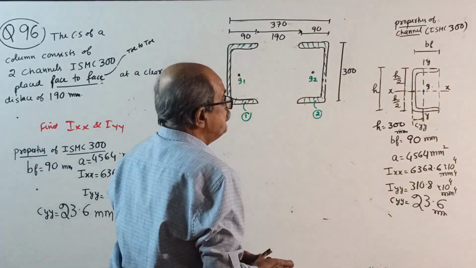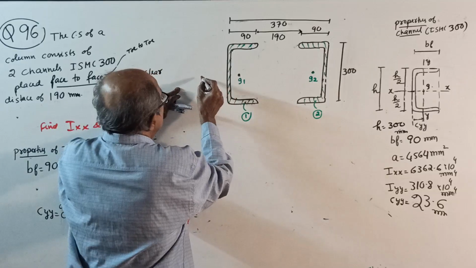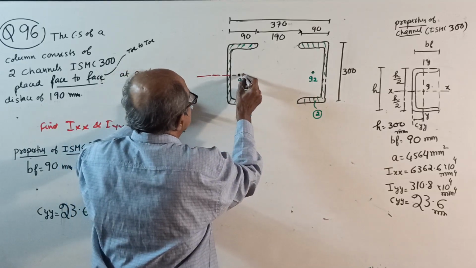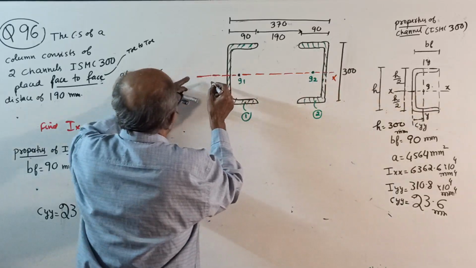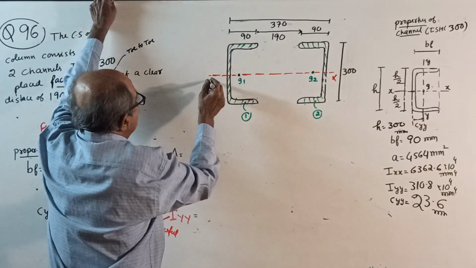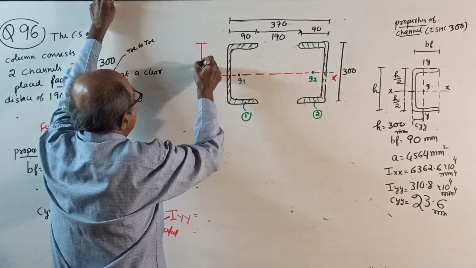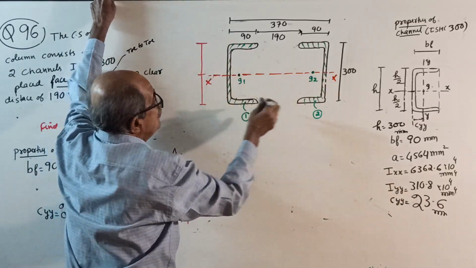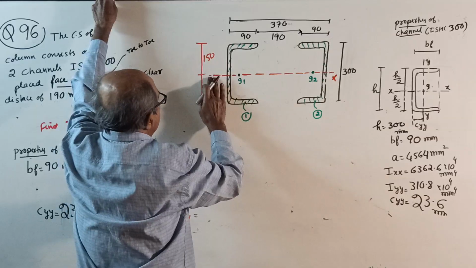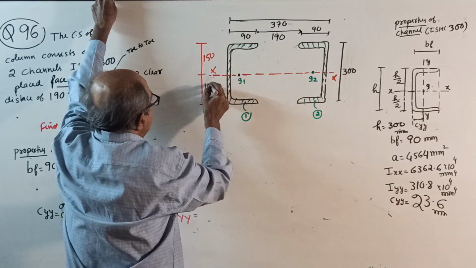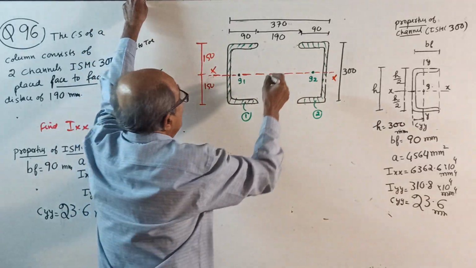Now, it is perfectly symmetrical, so this is your x-axis. Marking the distance, it is total 300, 150, 150 about the X-axis. Now YY will be exactly here.